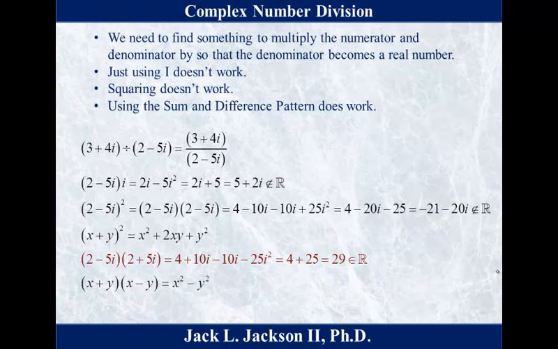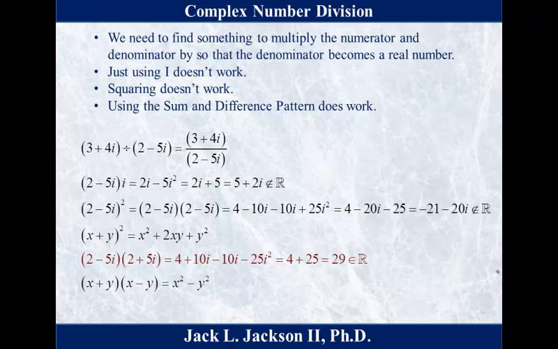So remember in general that if we take x plus y squared, we get x squared plus 2xy plus y squared. Can you remember any particular one that whenever you multiply it out, you get rid of that middle term? And hopefully maybe you recall that there's a pattern called the sum and difference pattern, where you take x plus y times x minus y, and you get x squared minus y squared.